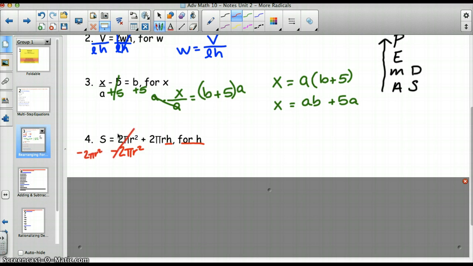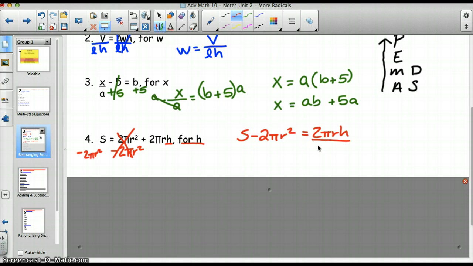That will cancel. On the left, now I have s minus 2 pi r squared equals, and now on the right I have 2 pi r h. For the second part of this problem, the 2 pi and r that are over here with the h are now being multiplied.